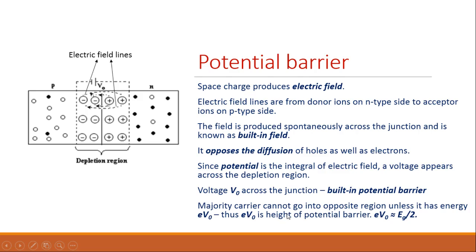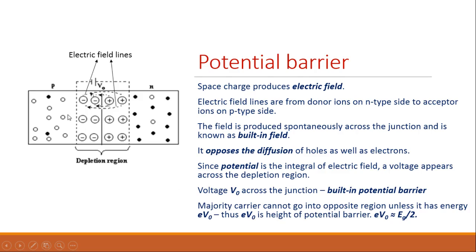This majority charge carrier cannot go into the opposite region unless it has energy eV0, where e is the charge of the carrier, the charge on the electron, and V0 is the value of the potential formed internally across the depletion region. Thus, eV0 is now known as the height of the potential barrier.